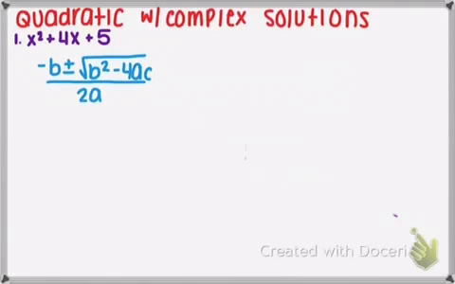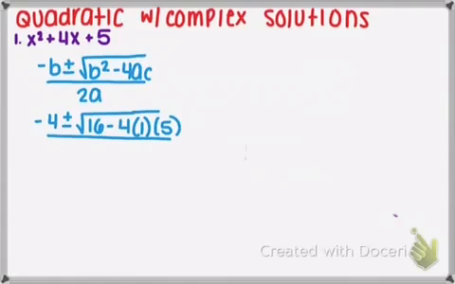And then you plug it into the quadratic formula, so it'd be negative 4 plus or minus the square root of 4 squared minus 4 times 1 times 5, over 2 times 1.